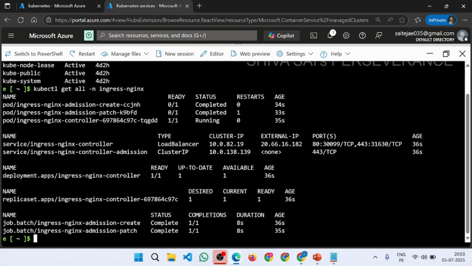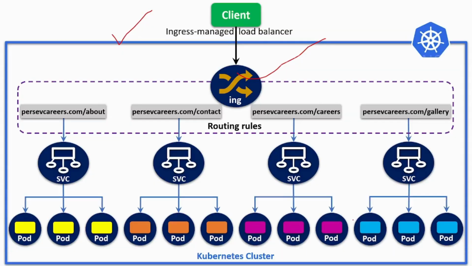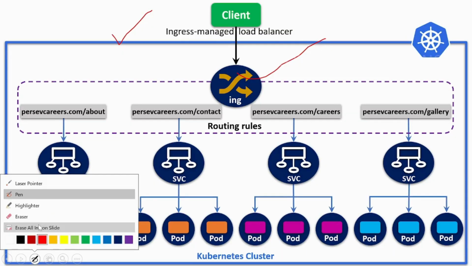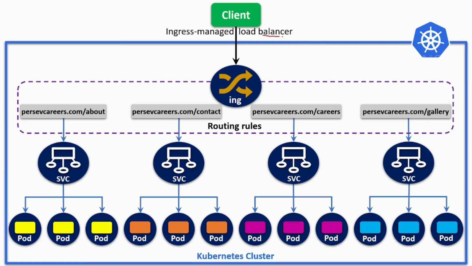Okay, perfect. See, in this image now, so I have explained everything, but this one I told we'll see later. So let's see now. The moment we deploy an ingress controller, automatically this deploys an ingress managed LB, which is load balancer, because the load balancer is for accepting the external traffic from the users.